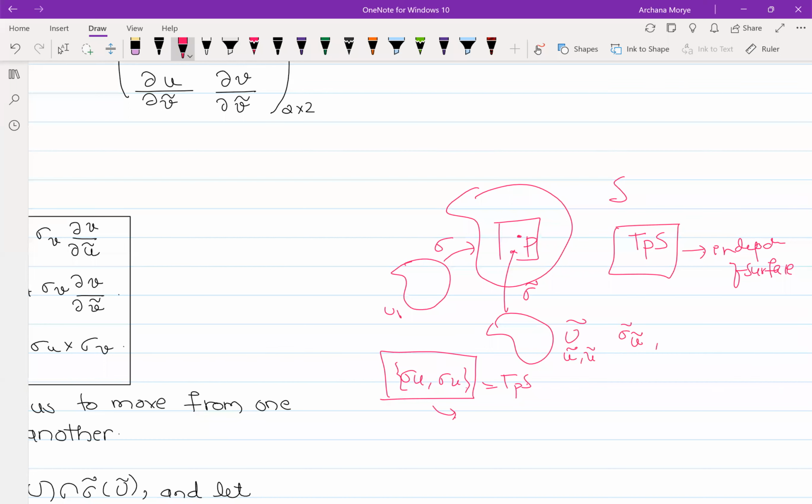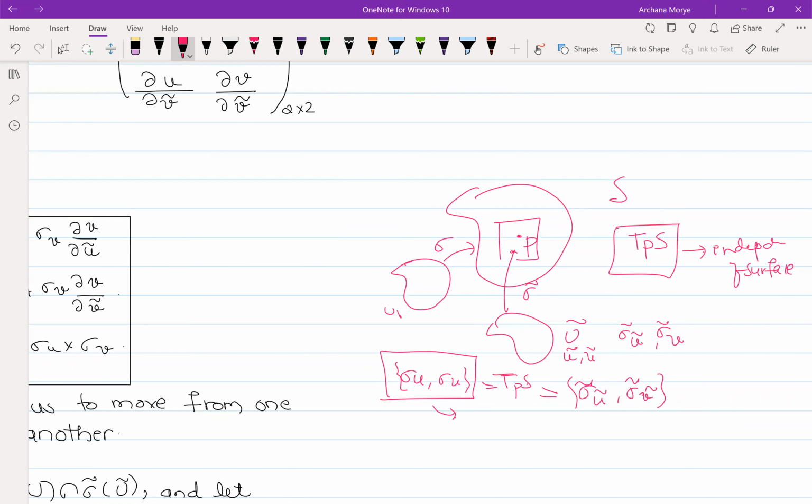Then I will have another set of vectors which will also generate T_P S, right? If I choose another surface patch, then sigma tilde u tilde and sigma tilde v tilde will generate the same tangent space. Yes, ma'am. Is that okay?